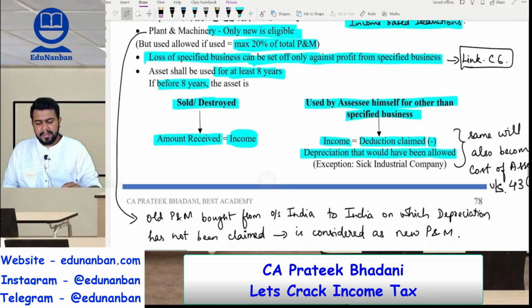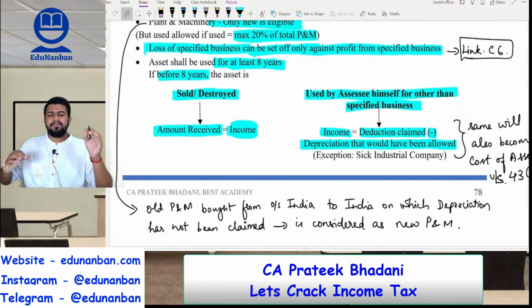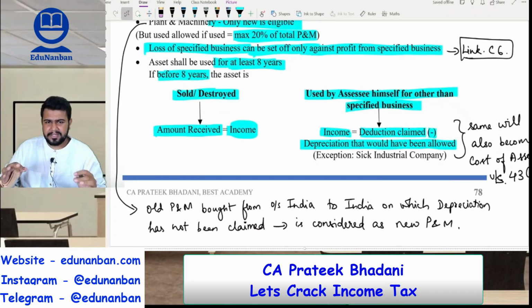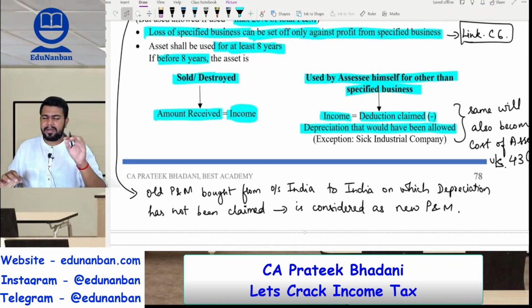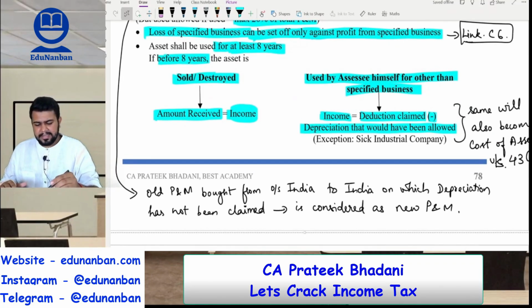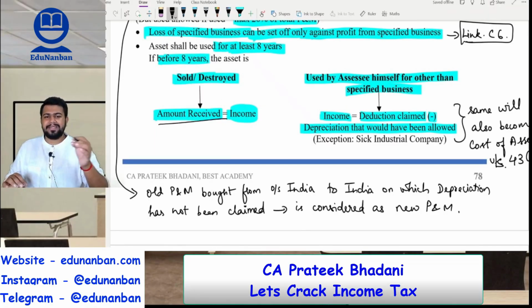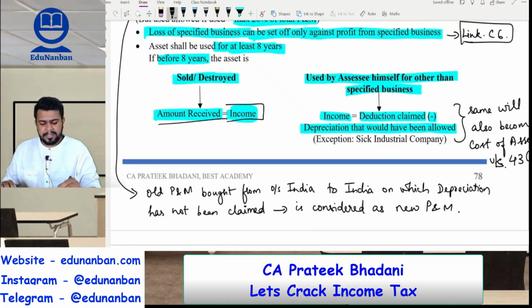Okay, then if an assessee claims the benefit of section 35AD deduction for the purchase of certain asset, then that asset has to be used in the specified business for at least 8 years. Okay, if it is sold or destroyed within 8 years, then the amount received on sale or the amount received by the insurance company will be treated as income under PGBP.